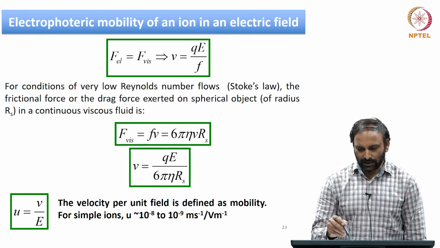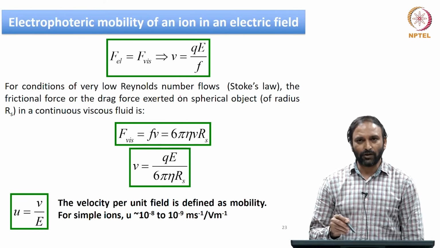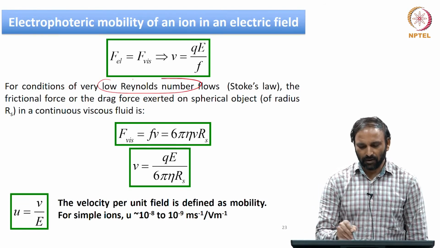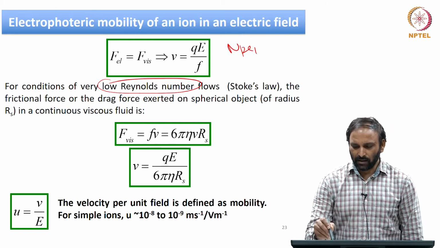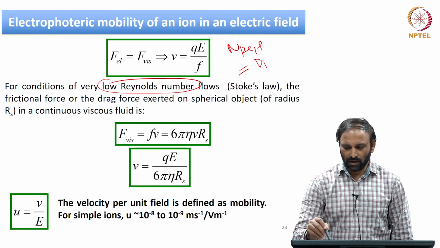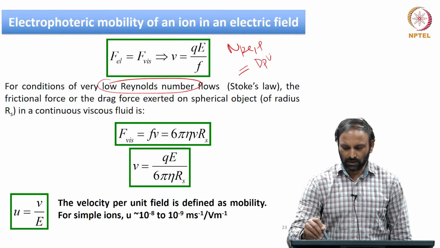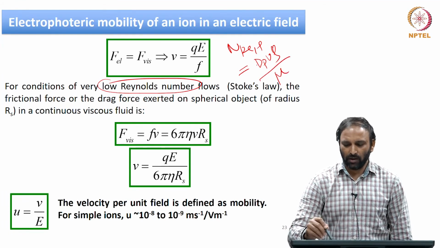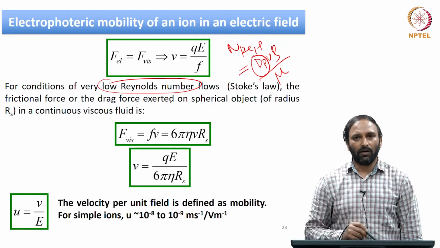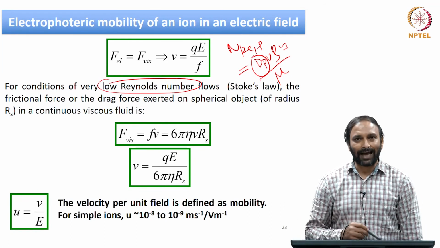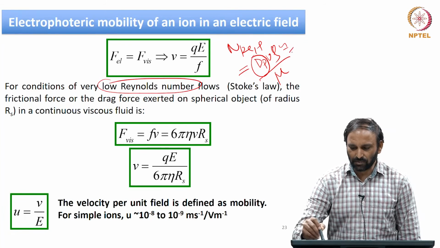because the dimension of the isolated ion that we are considering is very small, the Reynolds number, that is N_Re,p, the particle Reynolds number, which is given as the diameter of the particle, the velocity with which the particle is moving, and the density of the fluid, divided by mu, because the dimension of the particle under consideration is very small, that is of the order of sub-nanometer, this Reynolds number is going to be much less than 1.